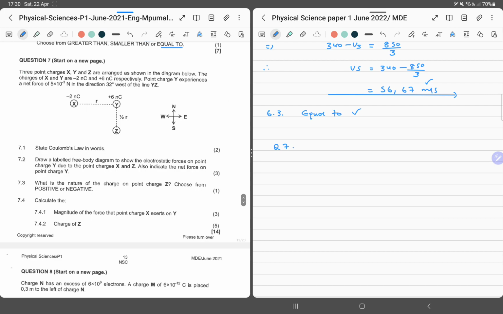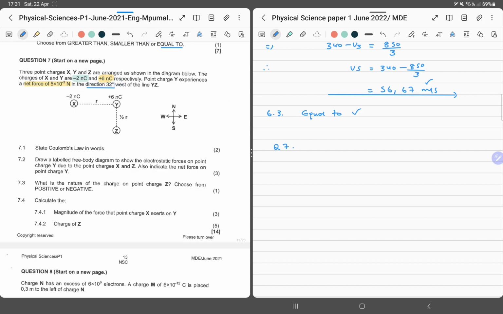Question 7 says 3-point charges X, Y, and Z are arranged as shown in the diagram below. Okay, the charges on X and Y are -2 nanocoulombs and +6 nanocoulombs respectively. Now the point Y experiences a resultant force of 5 times 10 to the -3 newtons in the direction of 32 degrees.